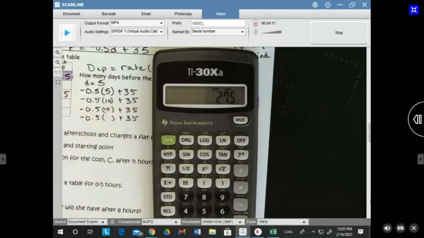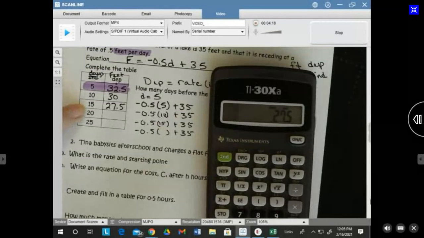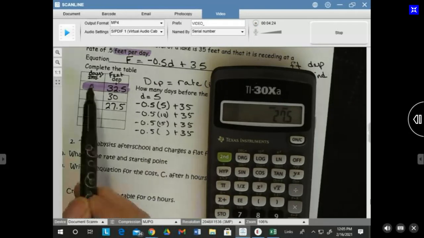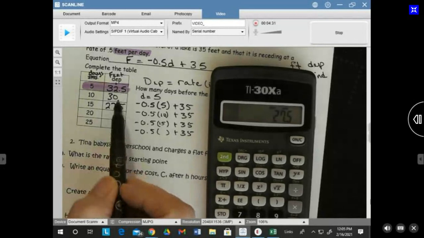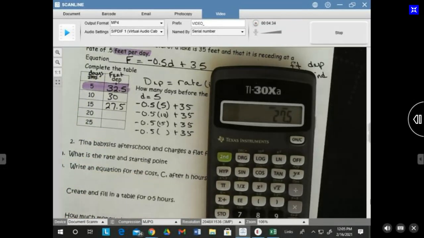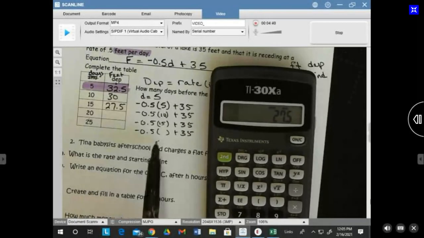Do I have a pattern going in? Does my input follow a pattern? 5, 10, 15, increasing by 5. Do I have a pattern coming out? I'm putting in an increase of 5. What am I getting out?